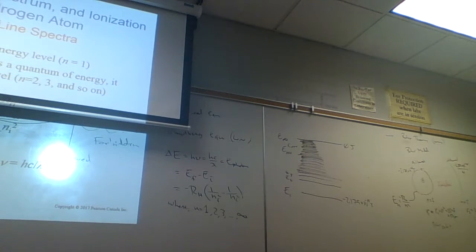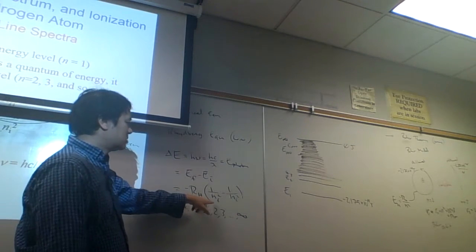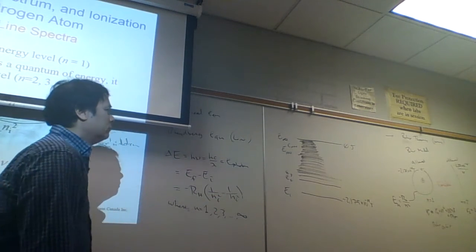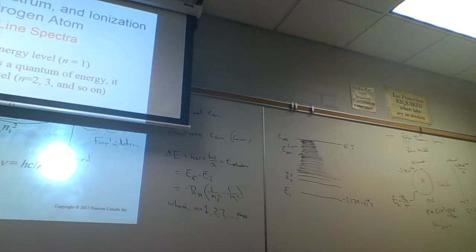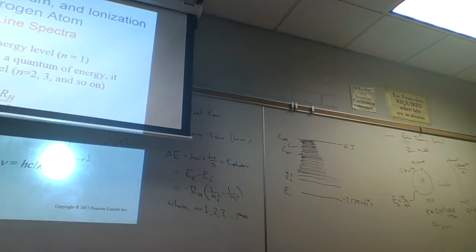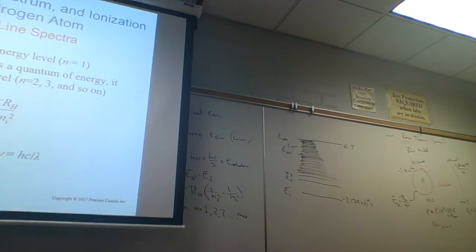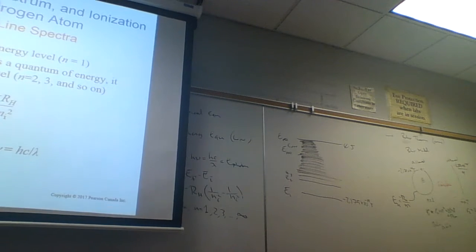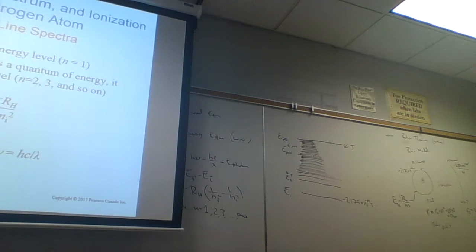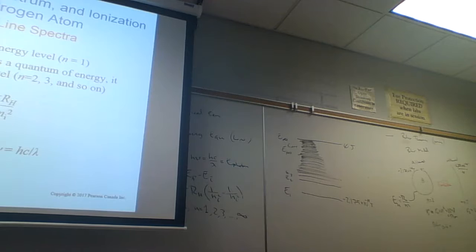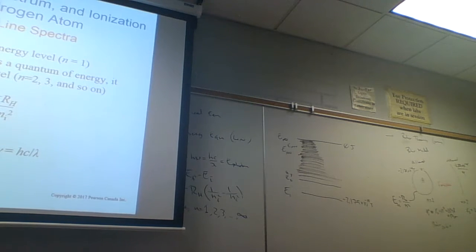What I did was leave it at minus R sub H and then final minus initial. But what Petrucci likes to do is get rid of that negative sign and then do initial minus final. It's the same equation. You could use whichever one you prefer. I always like to do final minus initial. But Petrucci will change it to initial minus final or final minus initial depending on which one gives a positive result.